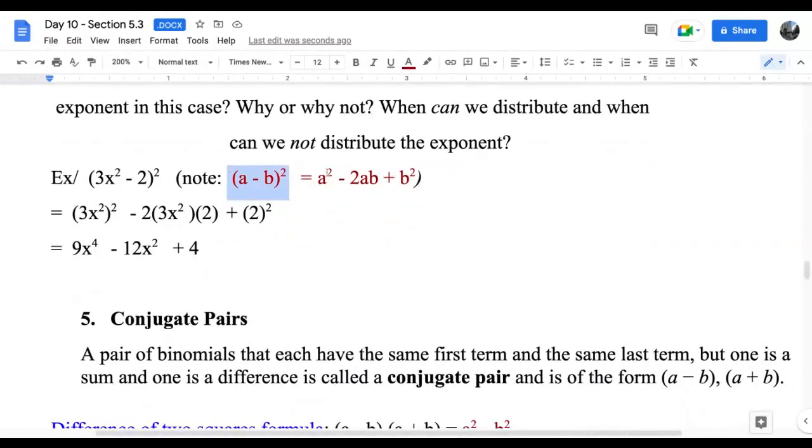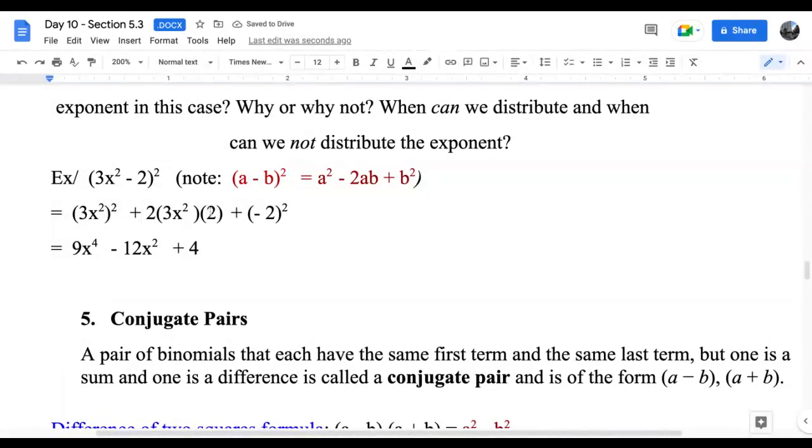So a minus b squared, right, is a plus negative b squared, which is a squared minus 2ab plus b squared. For 3x minus 2 squared, we just square the first one, square the second one. Well, what is the second one? The second one is actually negative 2 squared. But negative 2 squared is still positive 4, right? And add the middle one.